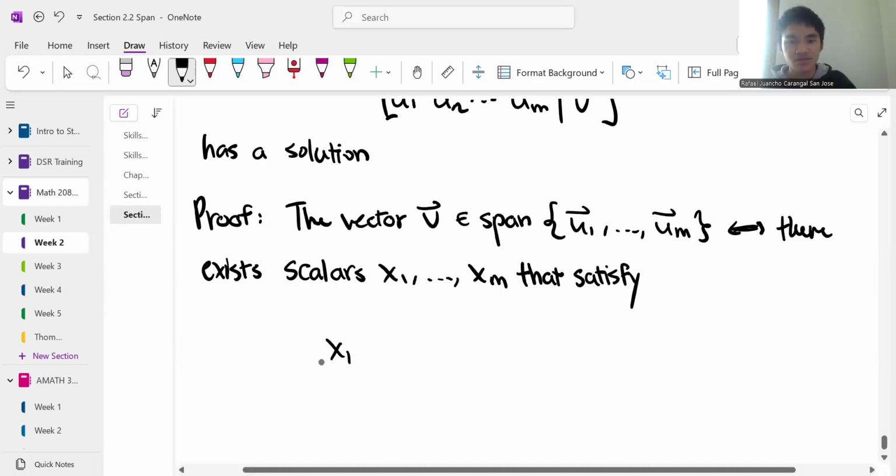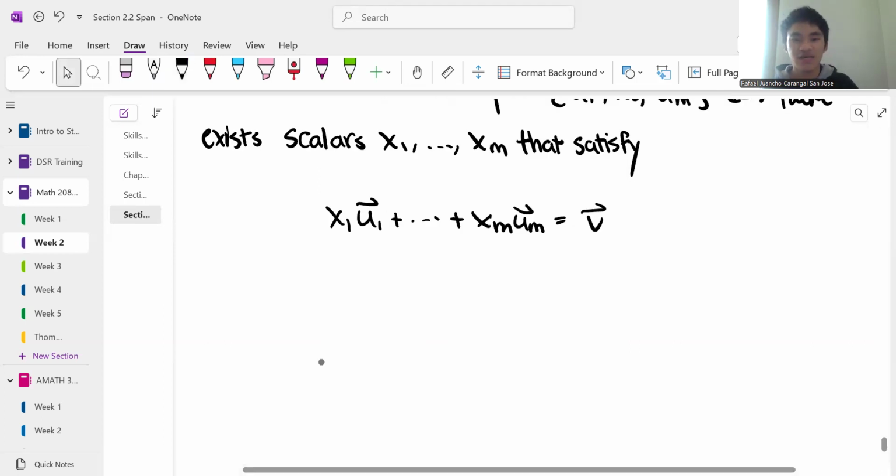X sub 1, u sub 1, all the way to x sub m, u sub m is v. So again, it's that linear combination idea.